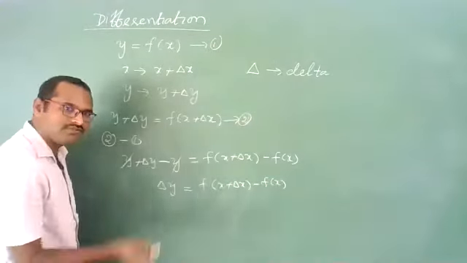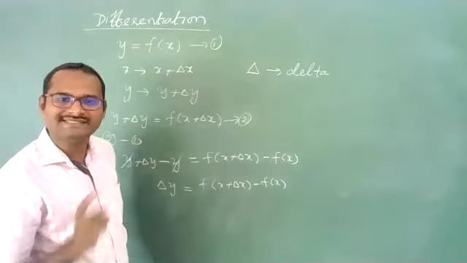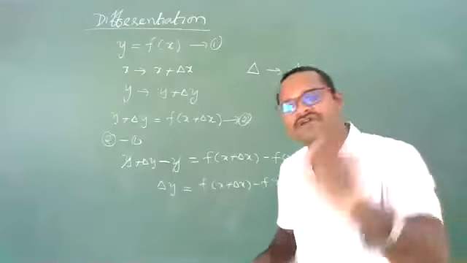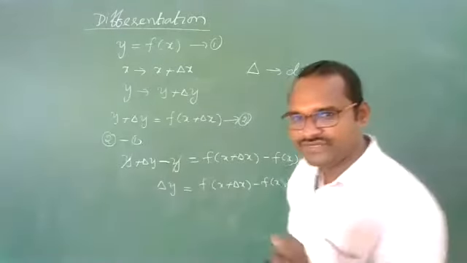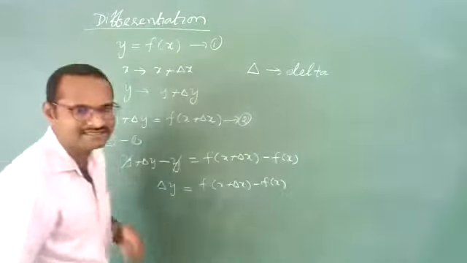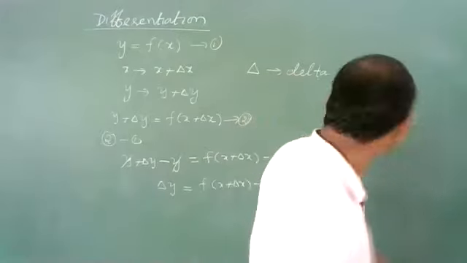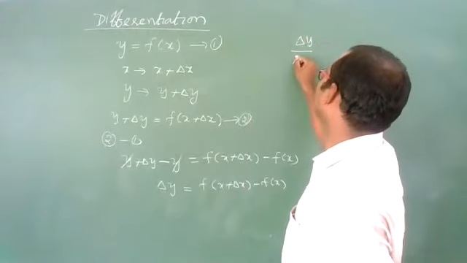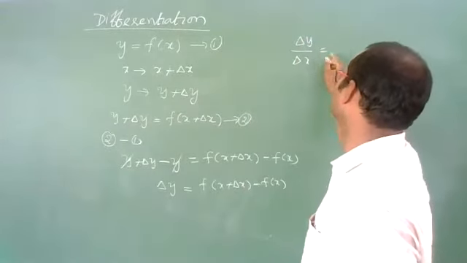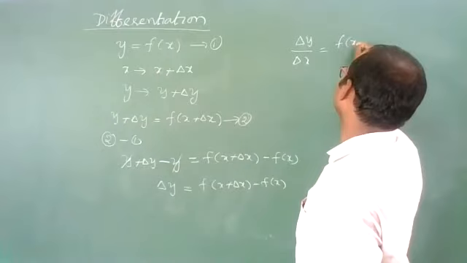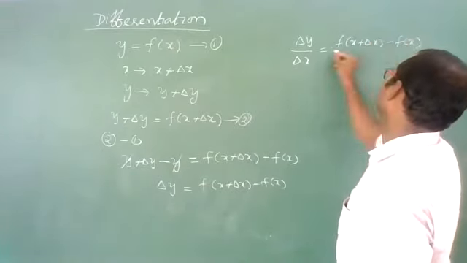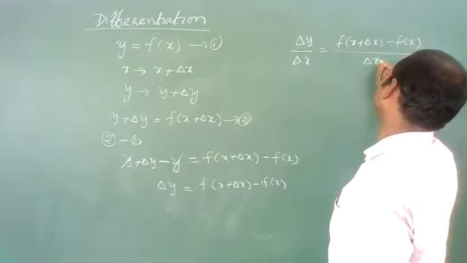Delta y is small increment in the value of y. Now if you divide this delta y with the delta x, I'll write here delta y divided by delta x is equal to f of x plus delta x minus f of x divided by delta x.